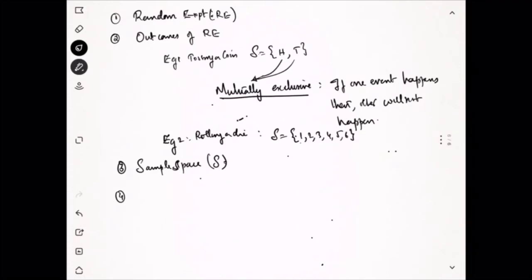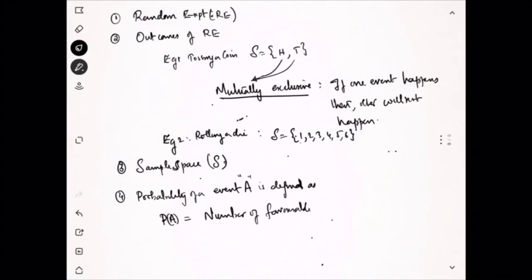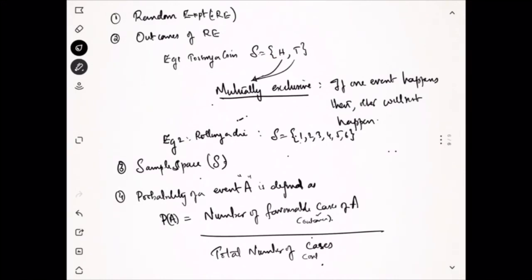The probability of an event A is defined as P(A) equal to the number of favorable cases of A, or we can say the number of outcomes corresponding to A, divided by the total number of cases, or outcomes.